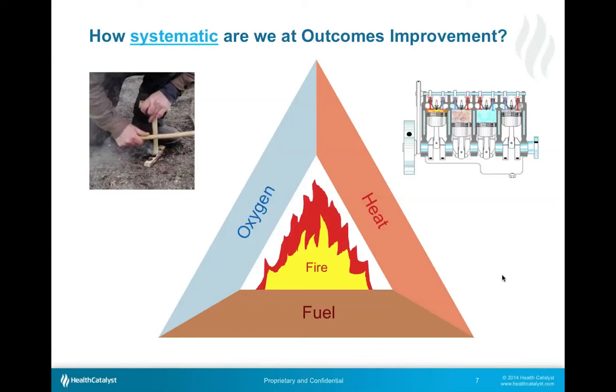Or do we have a machine that systematically produces combustion, like an engine, where we can systematically produce outcomes improvement over and over again and sustain those improvements over time?